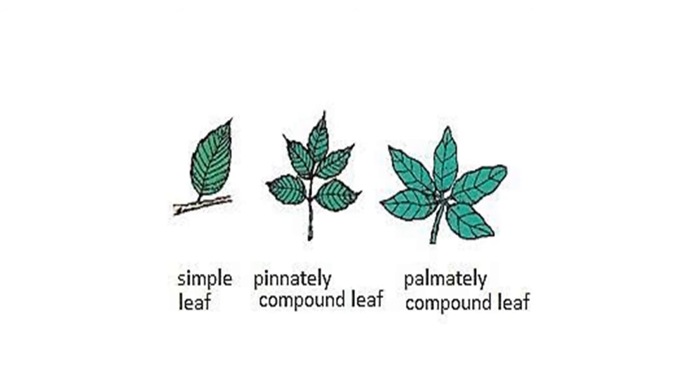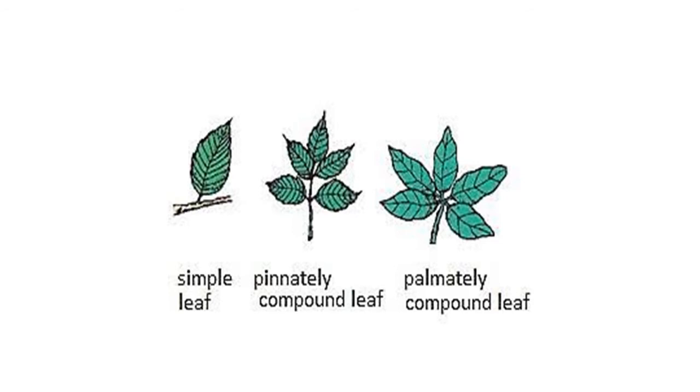The second figure is about the pinnately compound leaf. Here the incision of the lamina reaches up to the midrib region, and this way it is divided into a number of leaflets. So this arrangement looks like a feather shape, that is the pinnately compound leaf.